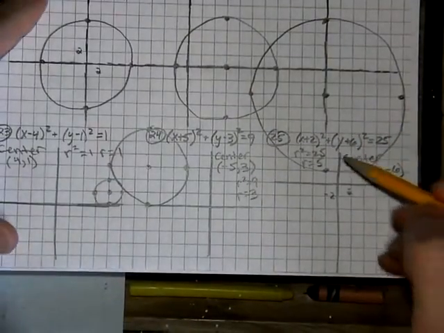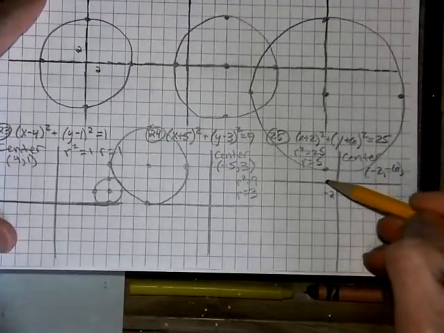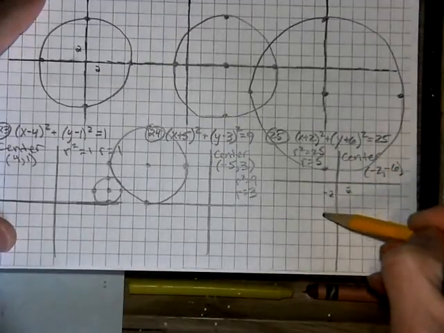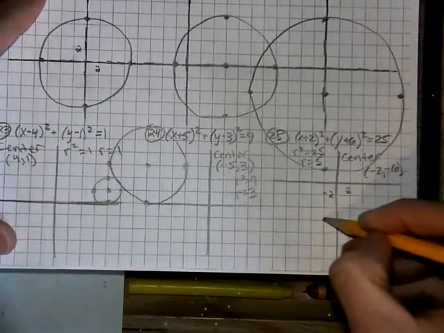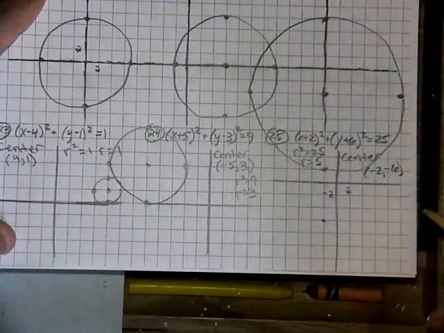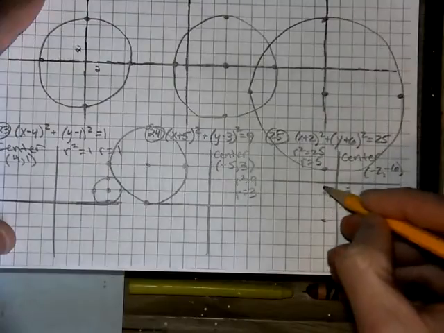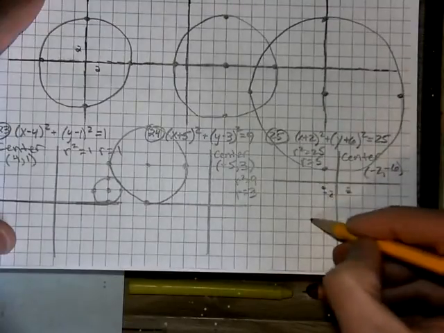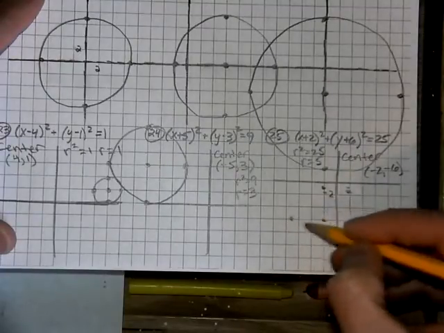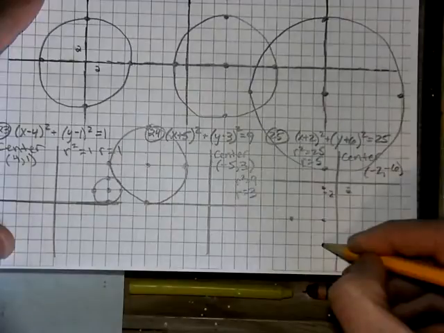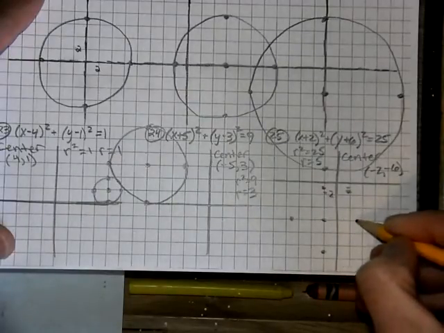So when I go to the left and 6 down, we're going to go to the left and 2, 4, 6 on the way down. Then we'll have a radius of 5. 2, 4, 5. 5 will be halfway between 4 and 6. 2, 4, 5. 1, 2, 3, 4, 5.